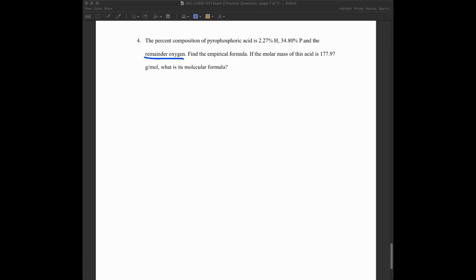What do you all think? 100 minus the others. Perfect. So when we do 100 minus the others, what number do we get? So just to do the math for you all, I get 53.4.